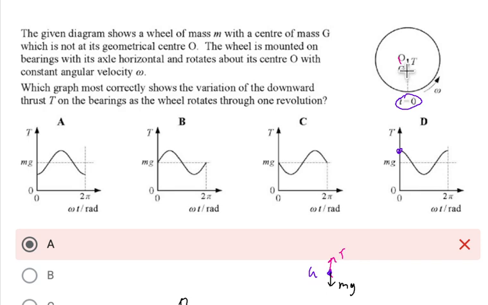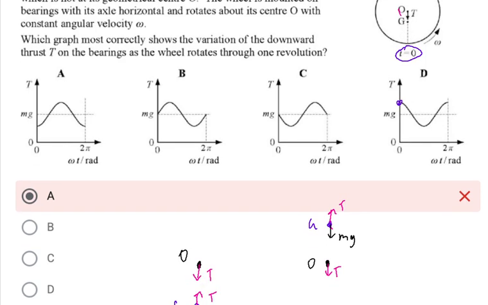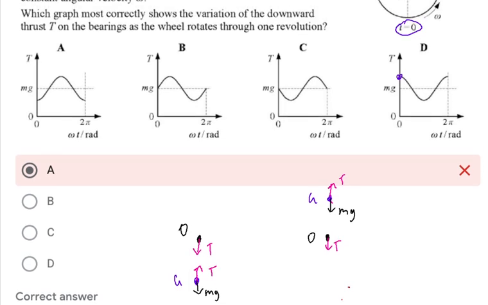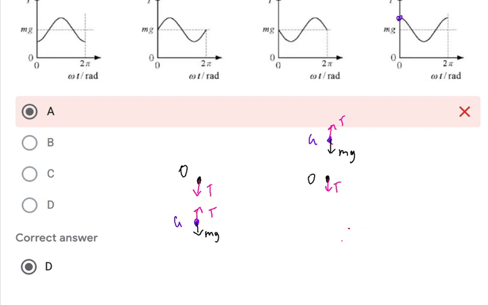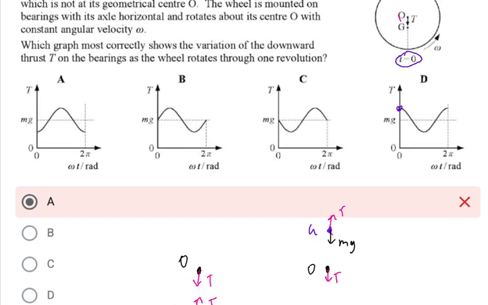So mg has to come off that capital G there. What I'm going to do is look at the first position at t equals 0, and redraw the downward force on the axle there.